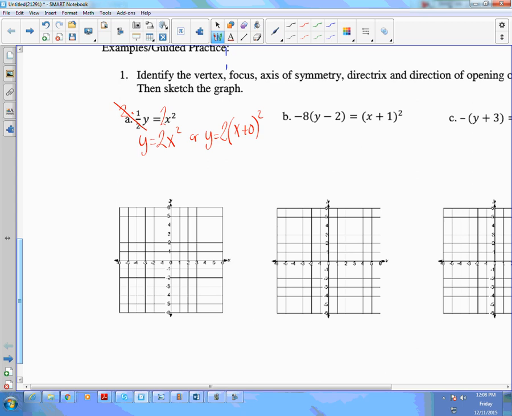So opposite 0, what number is actually squared? 0. There's nothing there, right? Opposite same tells me that the vertex is 0, 0. That's one of your answers, so write it down.